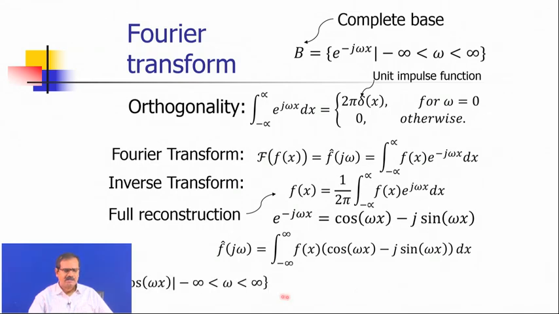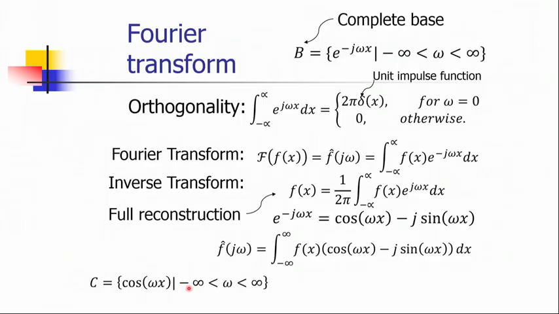So, we can consider cos omega x as a set of basis functions, and this is also orthogonal. These trigonometric functions are orthogonal, we know, and sin omega x is also orthogonal. But as I mentioned, they won't form the complete base.